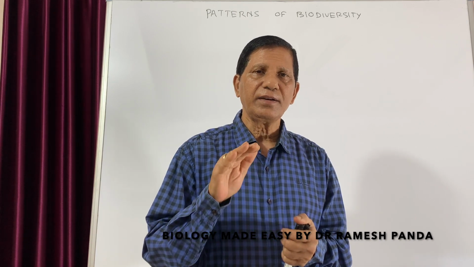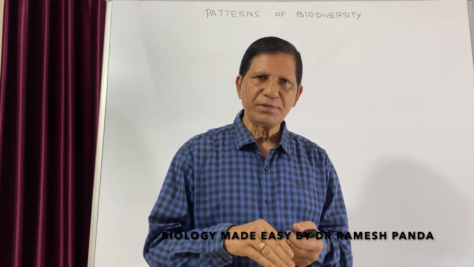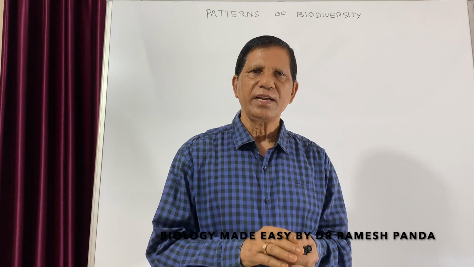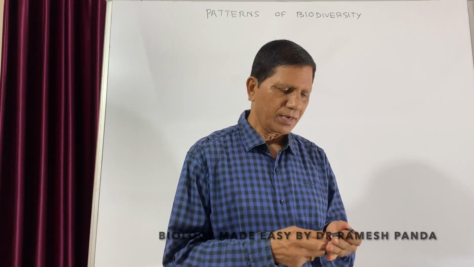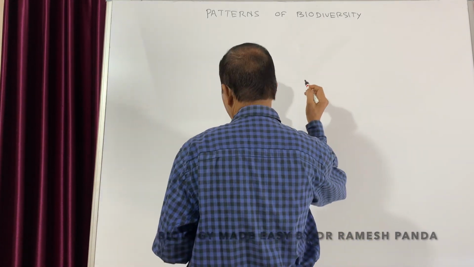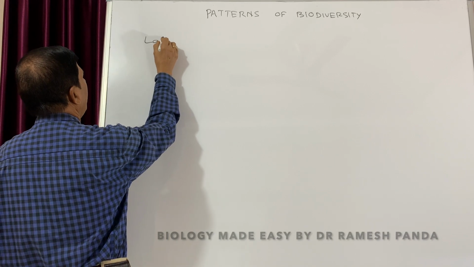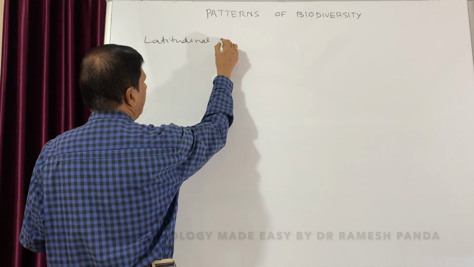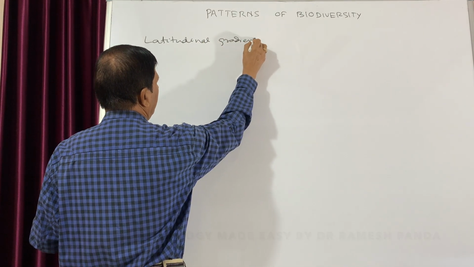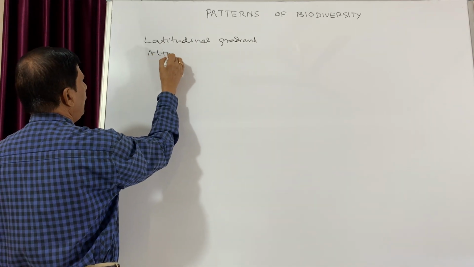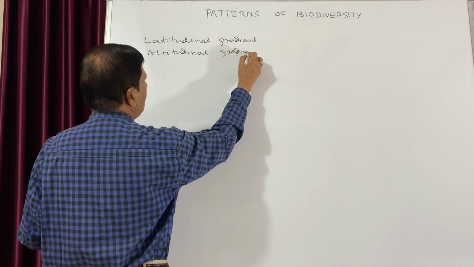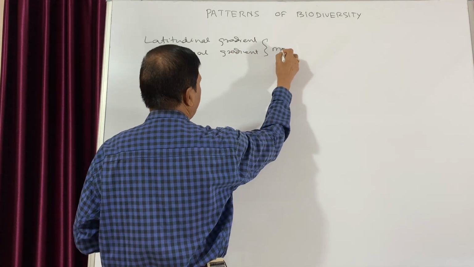Except the arids, semi-arids and aquatic habitats, usually in the remaining part of the earth, it depends upon the latitudinal gradient and the other is altitudinal gradient, and these two are also known as master gradients.